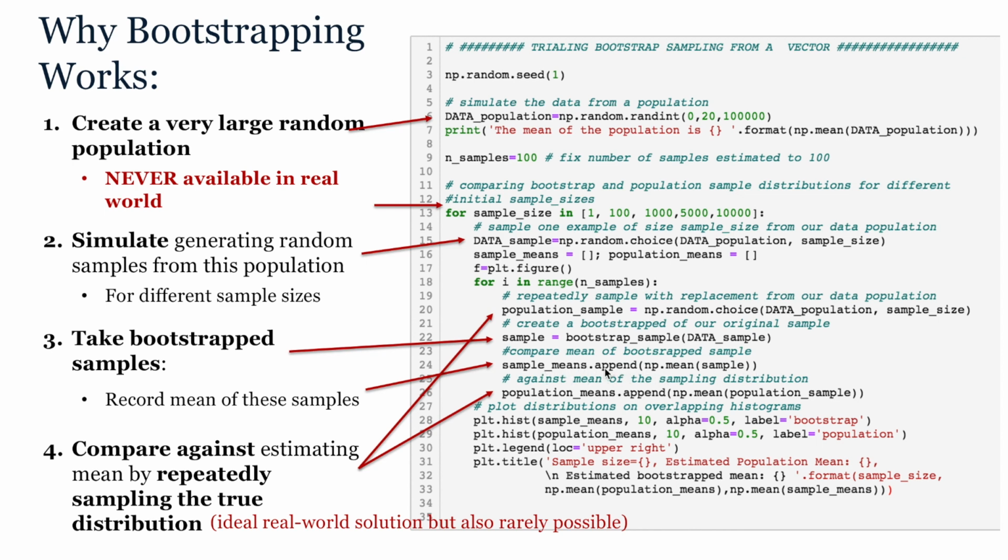And we save all of this in a list. And then we compare this against repeatedly taking sometimes large samples from our original data population. And we store those means here. And we do this 100 times.